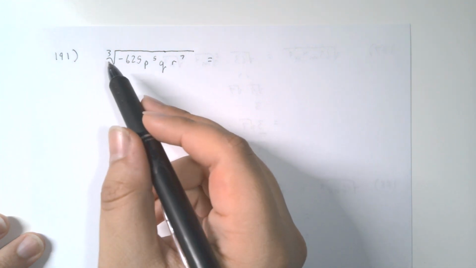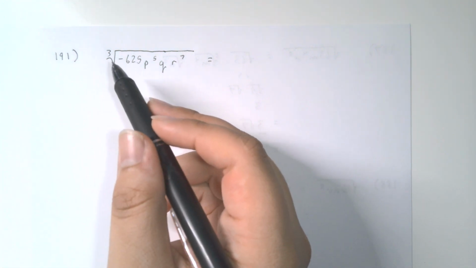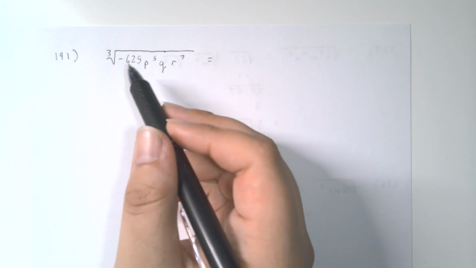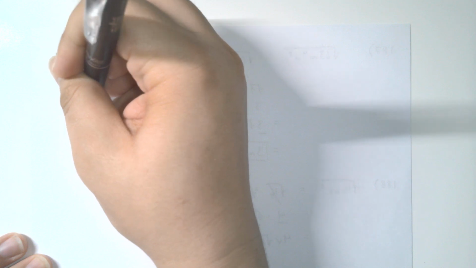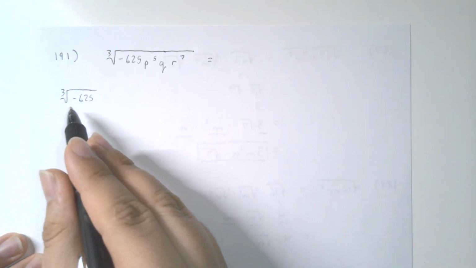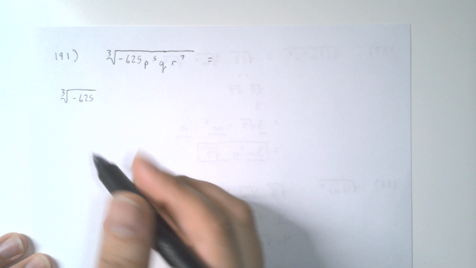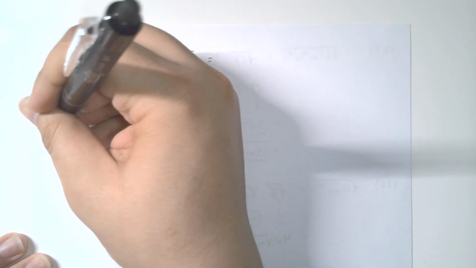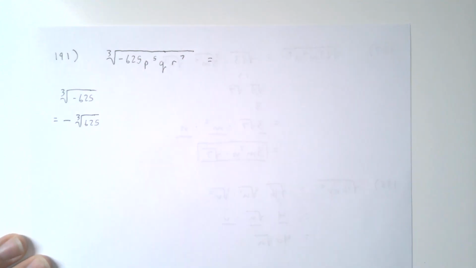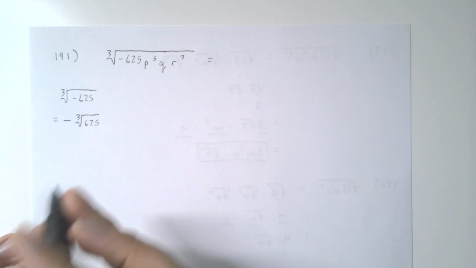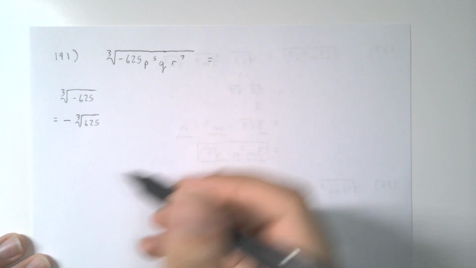Something to note is that when we take the cube root, or any odd numbered root, of a negative number, we just bring the negative outside. So in this case, the cube root of negative 625 is just equal to negative cube root of 625. So we'll keep that in mind. We know that our answer has to be negative because of that, because bringing out this negative here.